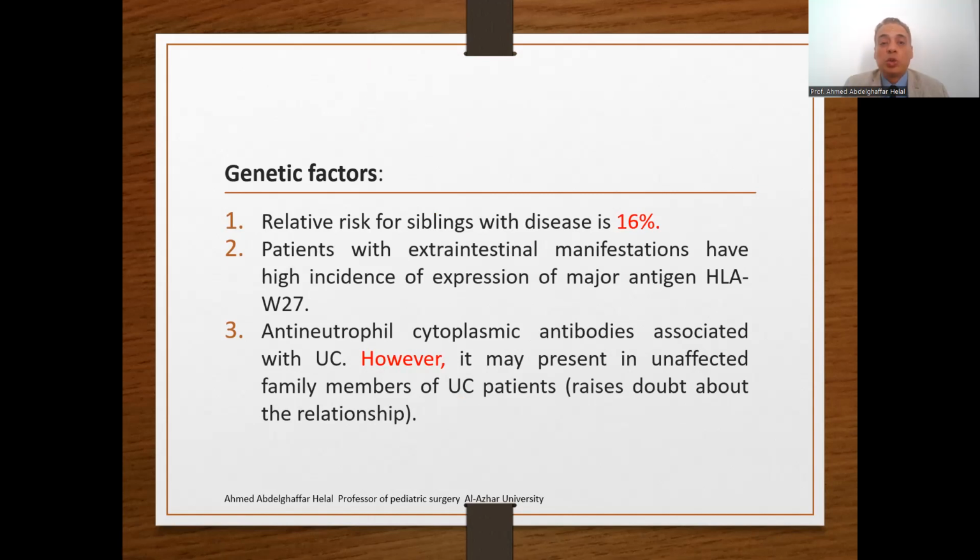Also, anti-neutrophil cytoplasmic antibodies are associated with ulcerative colitis, although this association may be in doubt, as some unaffected persons in the family of the affected child may already have this association without manifestation of the disease.